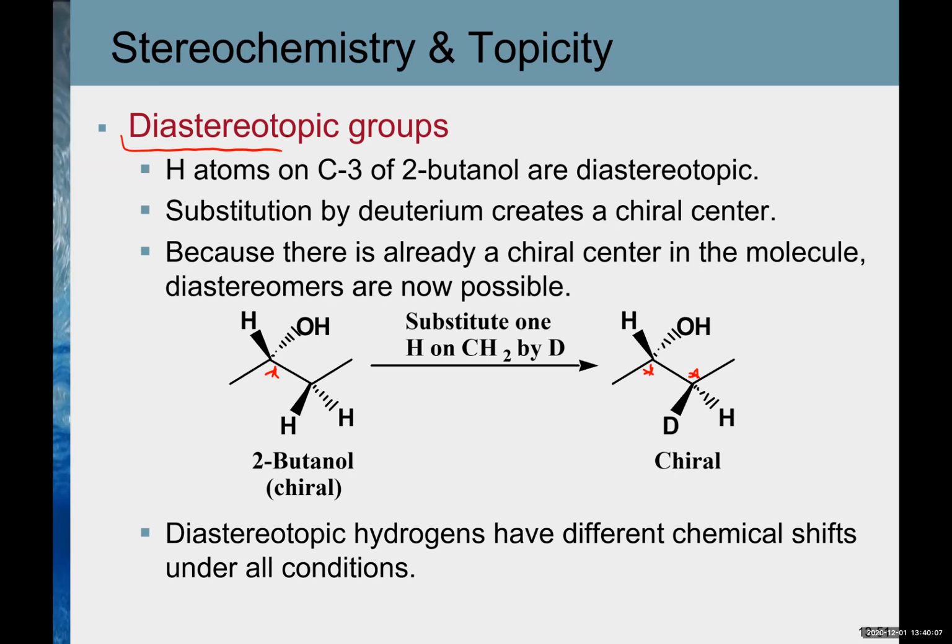So therefore, these two hydrogens, although they are connected to the same carbon, and we would have said, oh, they are the same, they're equivalent, therefore they should give the same signal, are diastereotopic and their signals will be different. Okay. So any question about what is homotopic, what is enantiotopic, and what is diastereotopic?